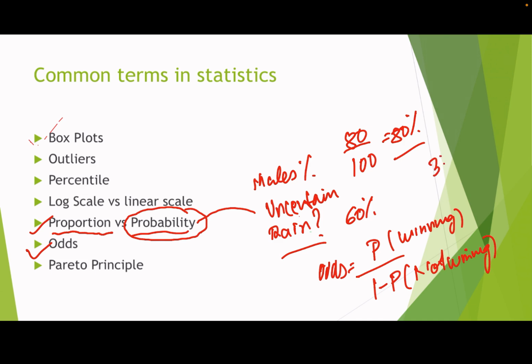If I say that the odds of winning are 3:1, which means that out of the 4 games I am playing, I have a good chance that I will win 3 games. This is very high. Then if I know this odds of me winning the game, then I'll definitely like to play the game.